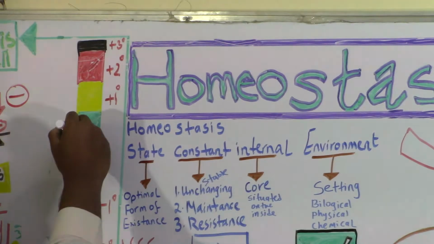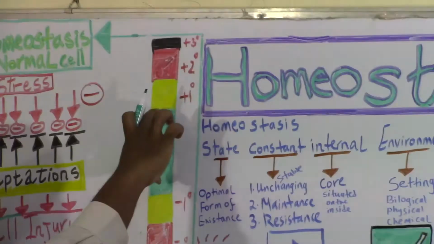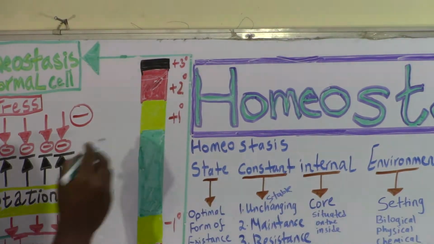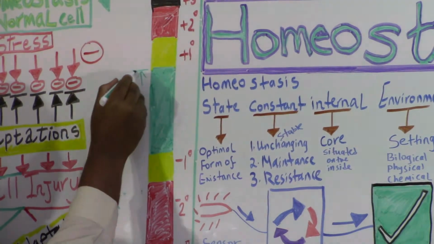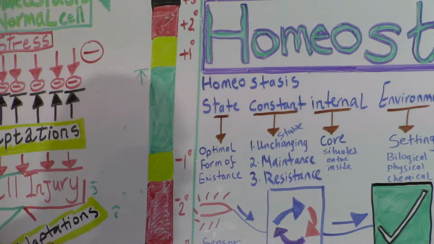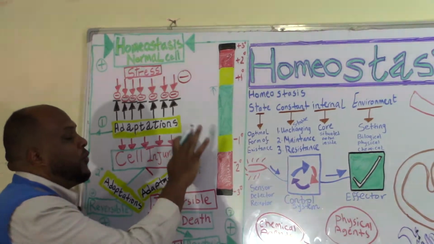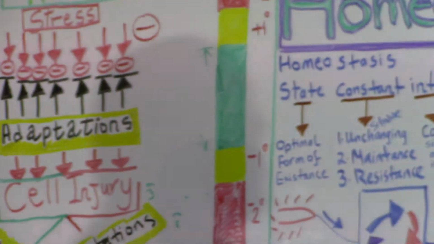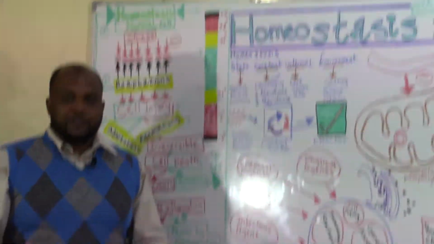This green range, we'll refer to it as the homeostatic range. It has an upper tolerable maximal limit, and it has the lowest tolerable limit for all the variables that the intracellular life deals with.